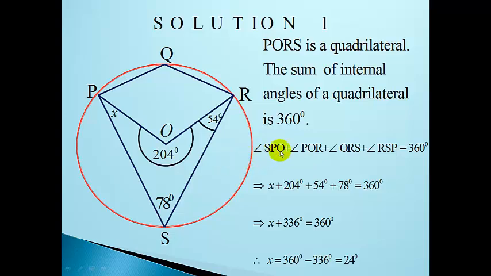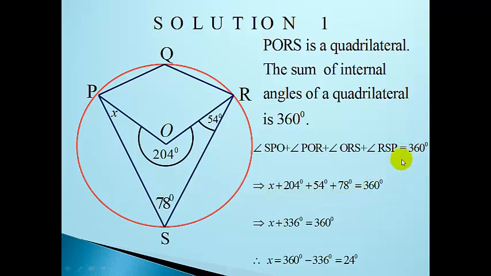So angle SPO, that's the angle X, plus angle POR, that is 204 degrees, plus angle ORS, that's the angle at R, 54 degrees, plus angle RSP, that is the angle at S, 78 degrees.